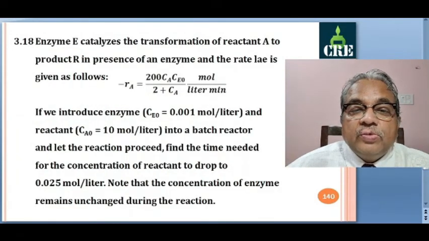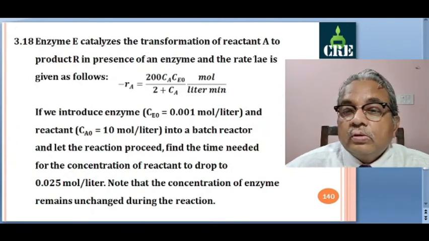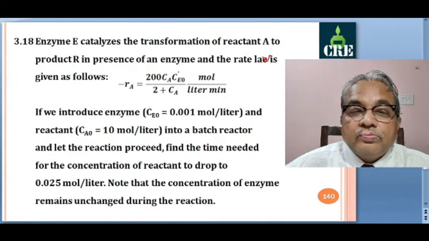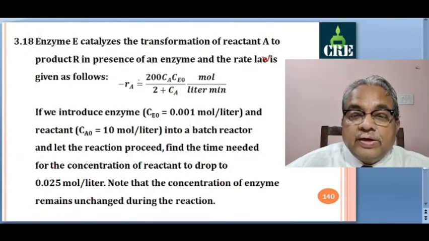Now here enzyme E catalyzes the transformation of reactant A to product in presence of enzyme. The rate law, minus Ra is equal to 200 Ca Ce0 divided by 2 plus Ca, rate expressed in moles per liter per minute. So this is given.